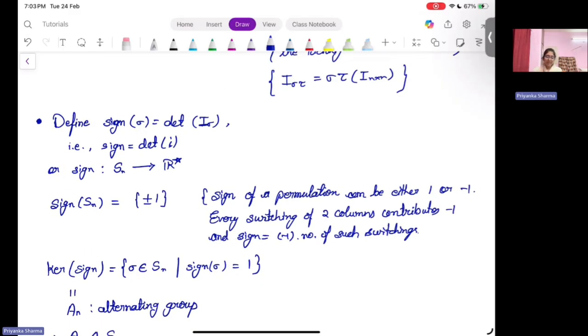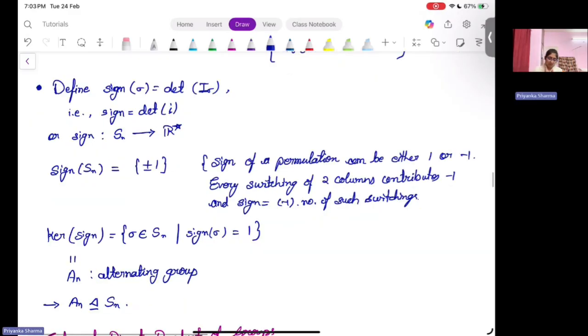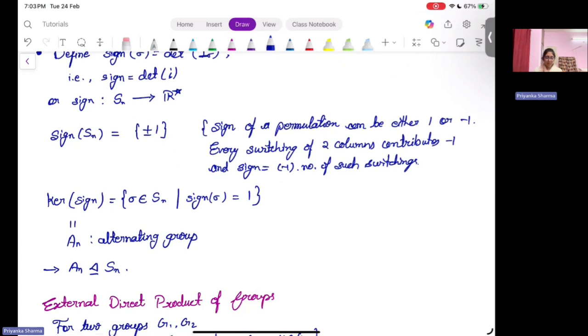And if the signature is +1, then we say that the permutation is an even permutation. If the signature is -1, then we say that the permutation is an odd permutation. So we have two types of permutations, odd permutations and even permutations.